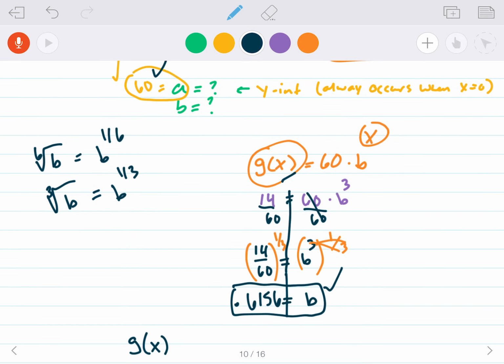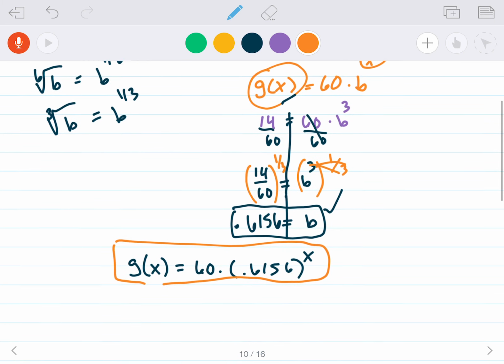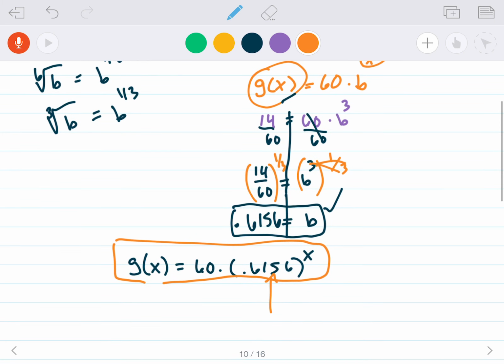So we have g of x is equal to a times b to the x. And this is our answer. This is the equation that we wanted. And notice that right here tells us this is exponential decay. We're actually decreasing the amount of whatever we're talking about as time gets bigger.